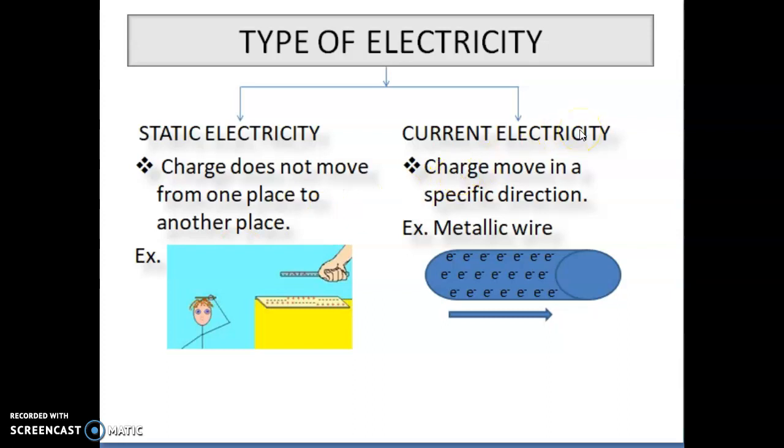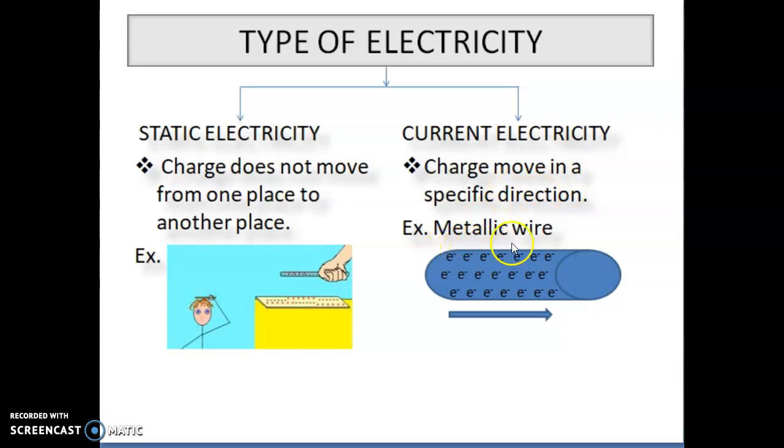Current electricity: in current electricity, the electric charge will move, that is, the charge moves in a specific direction. The electricity which we use in our home is current electricity. So electric charge can move, that is, be in motion.